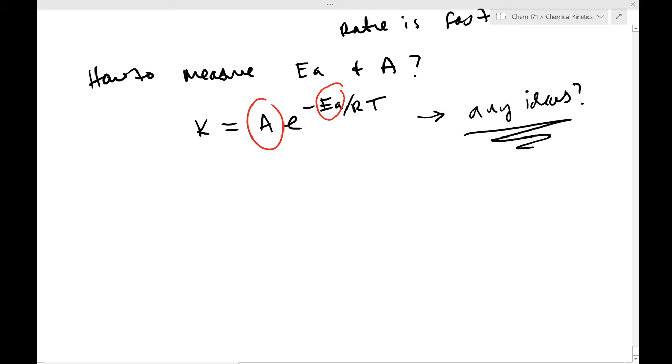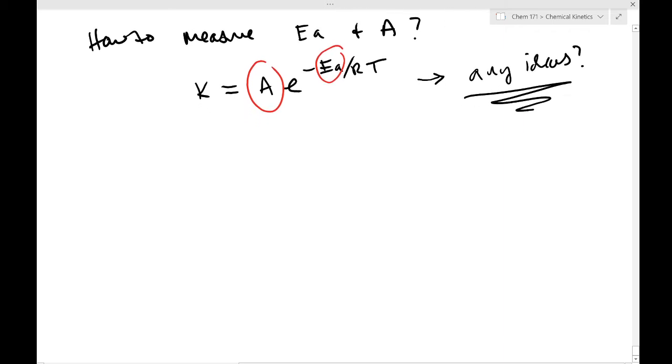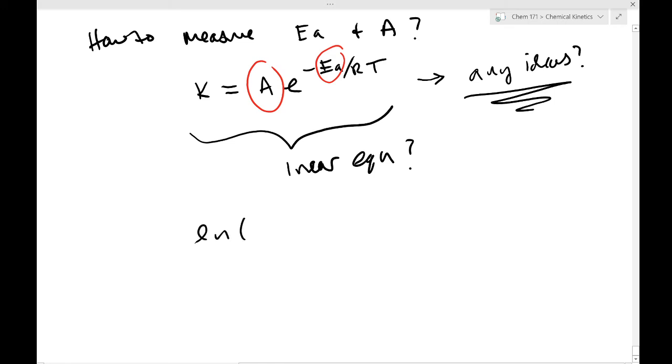Okay, you back? You have an idea? I hope it's something like this. We can do the same type of thing we did above when we integrated those rate laws, and write this out as a linear equation. To start, I'm going to take the natural log of both sides.